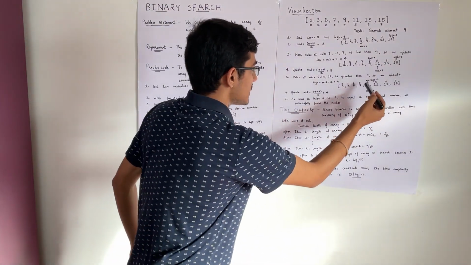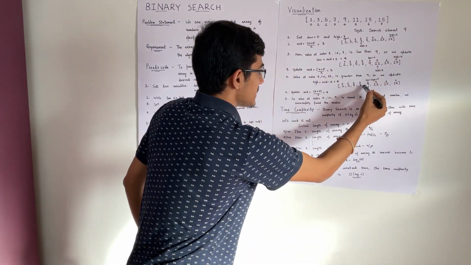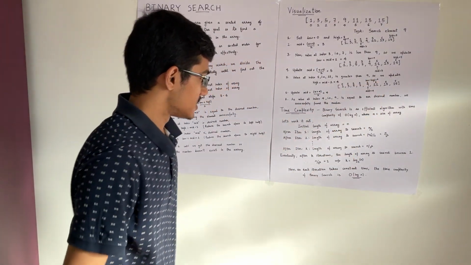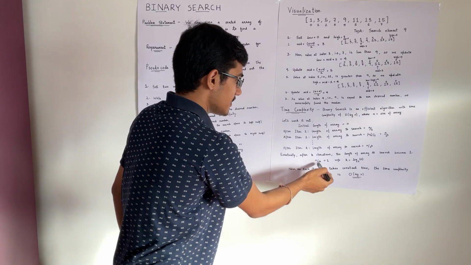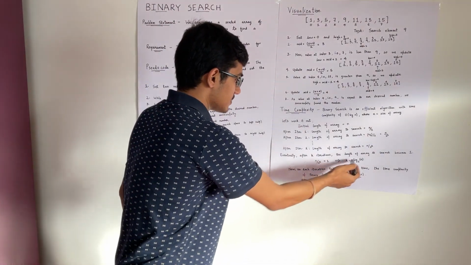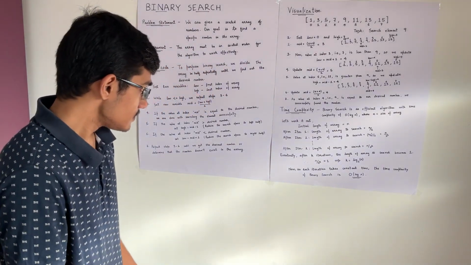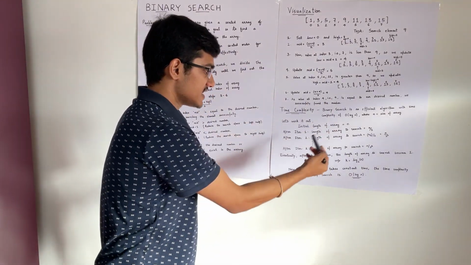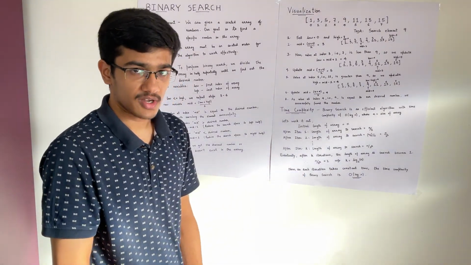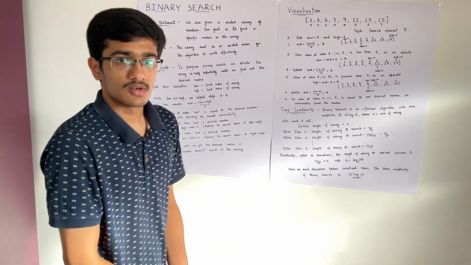Here you can see that after k iterations, only one element was present in the search space. So we equate n by 2 power k equal to 1. And from this we find that k is equal to log base 2 of n. Now, as each iteration takes constant time, the time complexity of binary search is big O of log n. So that's all about binary search.